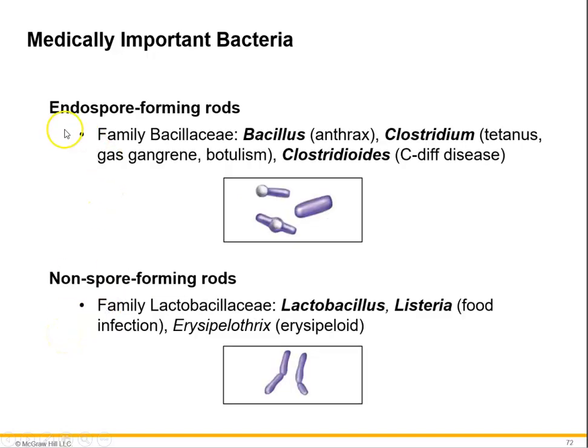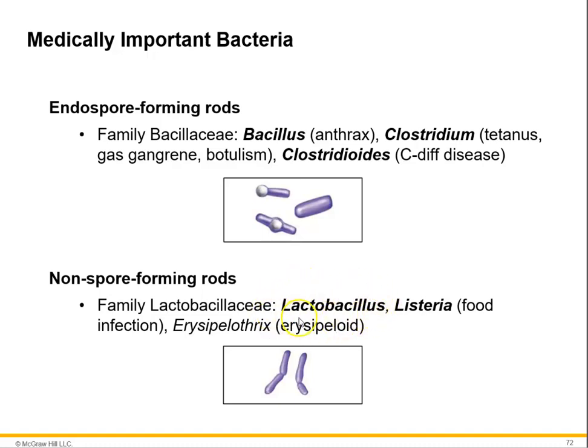We'll talk a little bit about endospore formers. So Bacillus, where you get anthrax from, Clostridium, which causes tetanus, gas gangrene, and botulism, and then Clostridioides, its main disease is C. diff. We'll talk a little bit about non-spore forming rods, such as Lactobacillus.